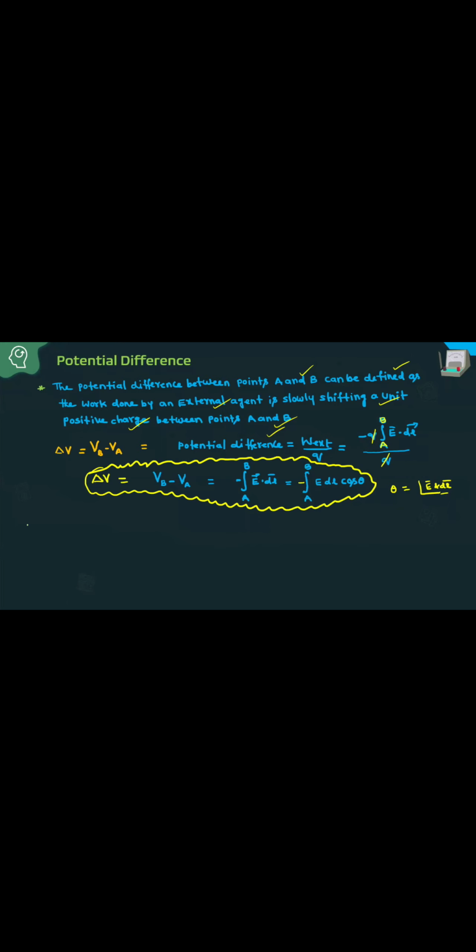For example, in this case, if W external is greater than 0, then VB is greater than VA, so B is at high potential. If W external is less than 0, then VB is less than VA, then A is at high potential.